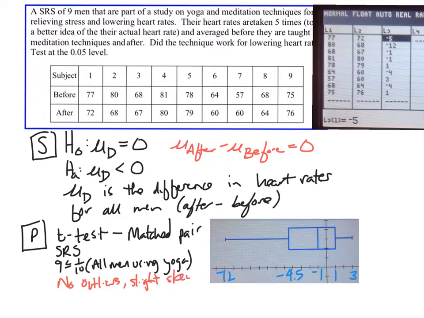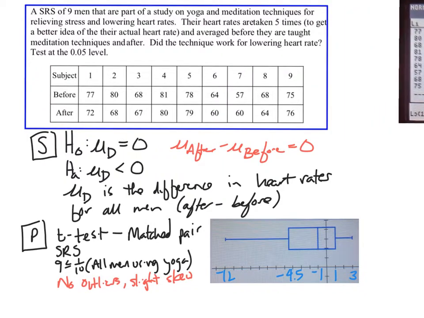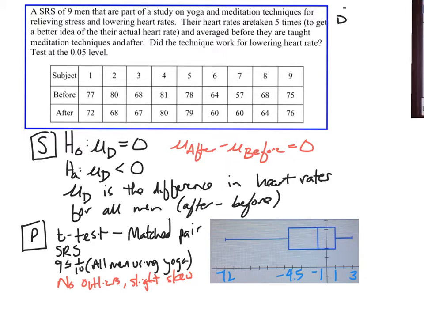Now, the other thing to remember is you do need to include an axis and some labeling. Okay, so don't forget that. All right, so now we are to the step where we can do the t-test in the calculator. So let me bring that in.